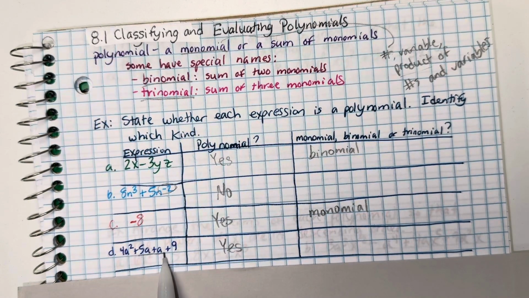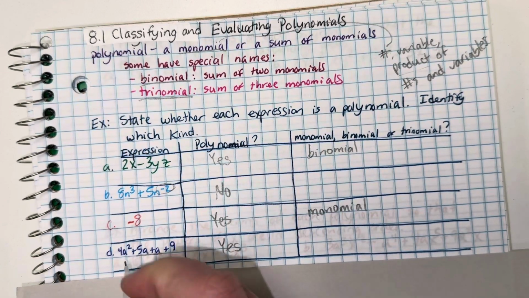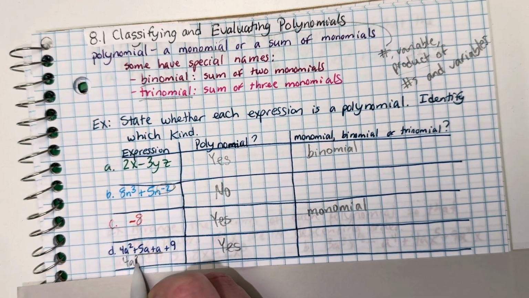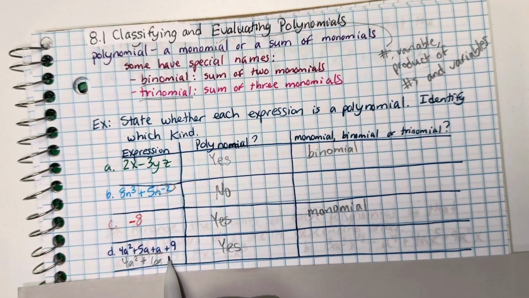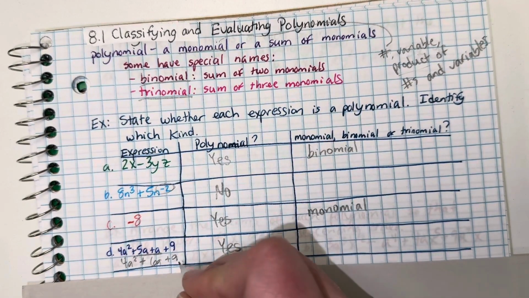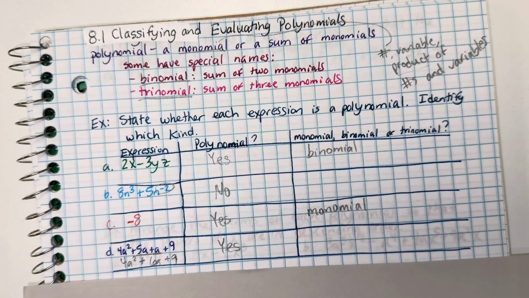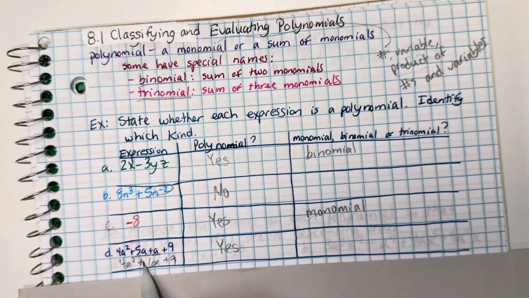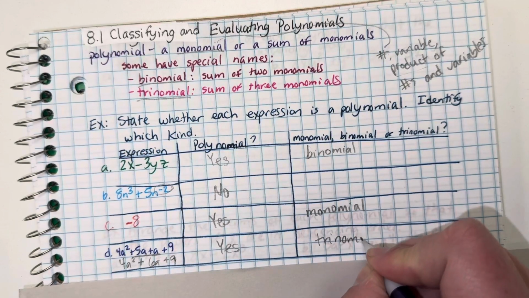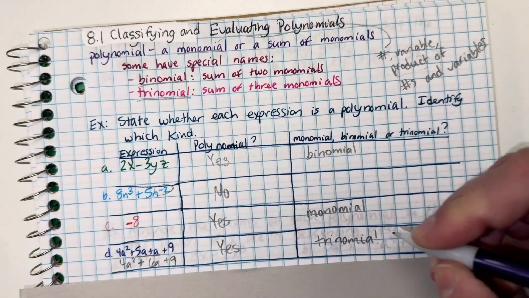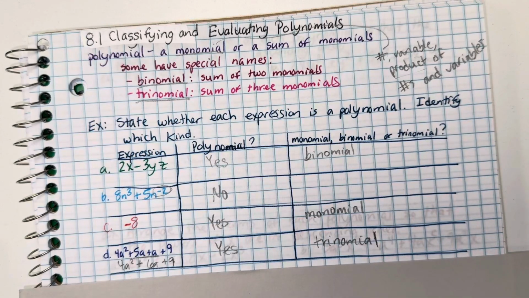And right here, these a's, they can be put together for 4a squared plus 6a plus 9. Now we can talk about what kind of polynomial it is, and this one is a 1, 2, 3 trinomial. So on your assignment, make sure none of your terms can be combined together, your like terms.